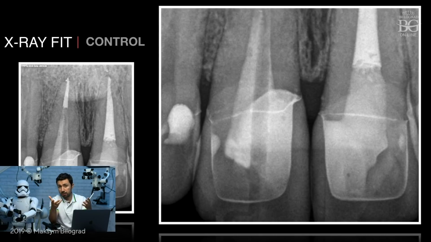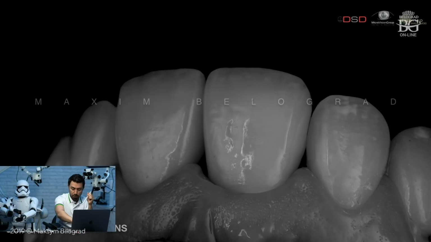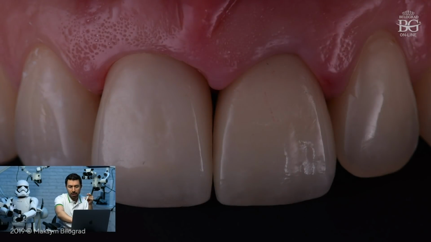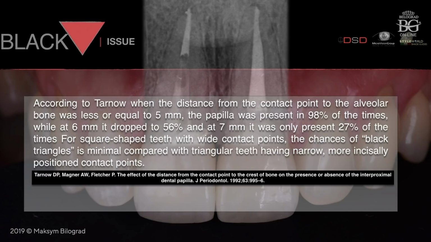So in that case you may expect that the soft tissue conditions will be pretty nice. These pictures are just immediately after cementation. This is some information about black triangles.